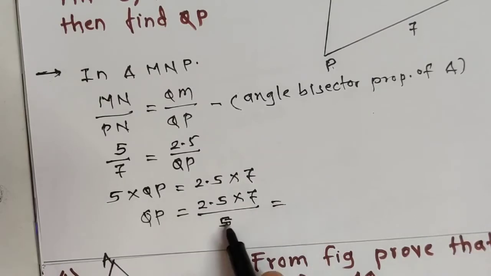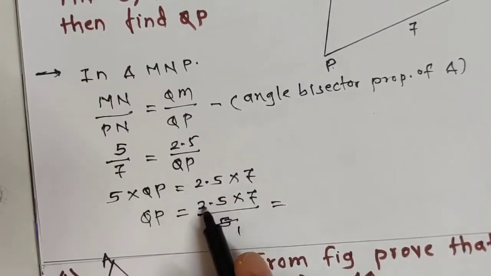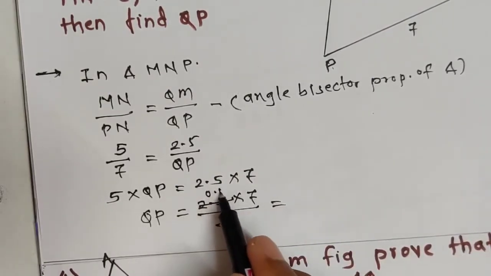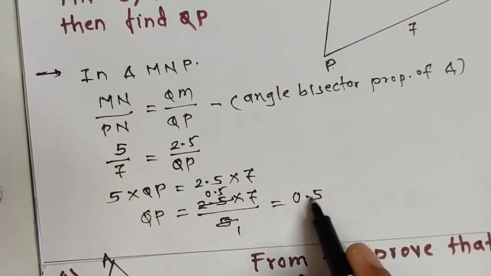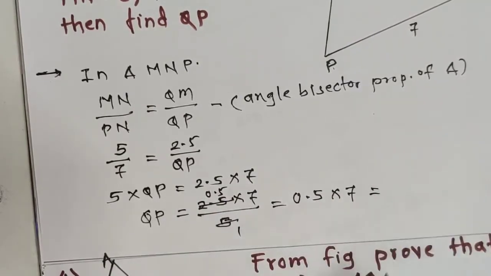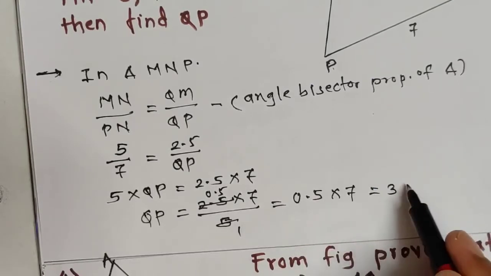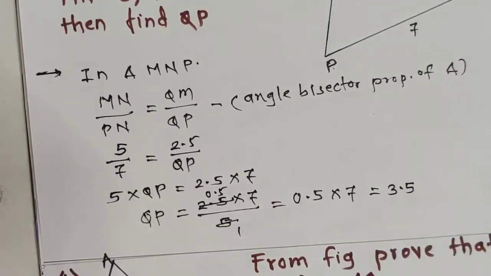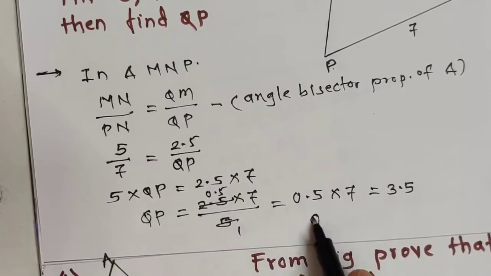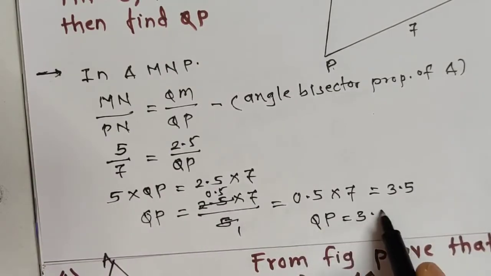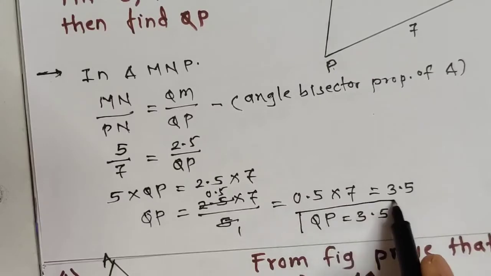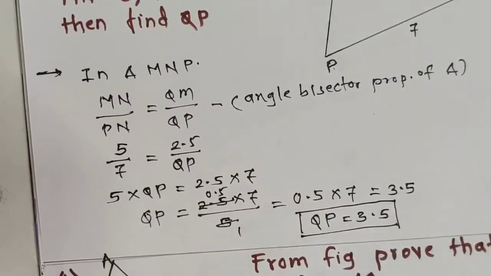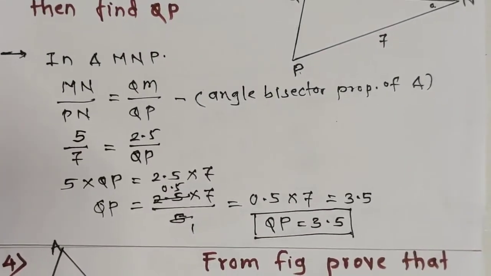So here simplify: 5 ones are 5, 5 fives are 25, means 0.5. So 0.5 into 7, 7 fives are 35, and 1 decimal, 3.5. So we get QP is equal to 3.5. So in this way we can use this angle bisector property of a triangle.